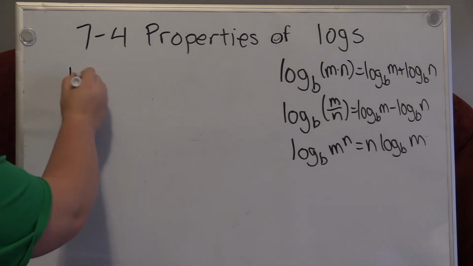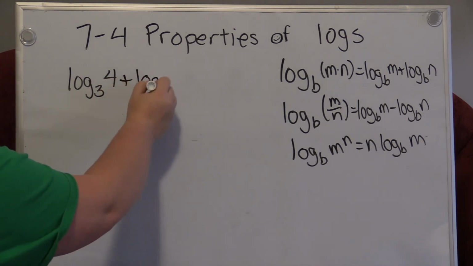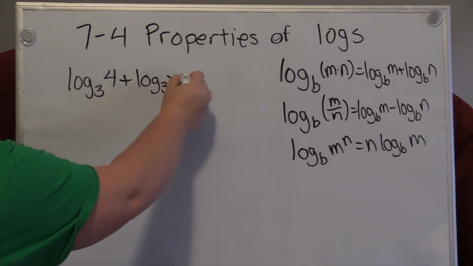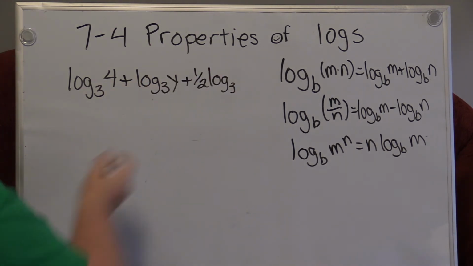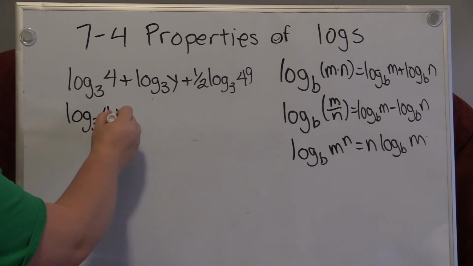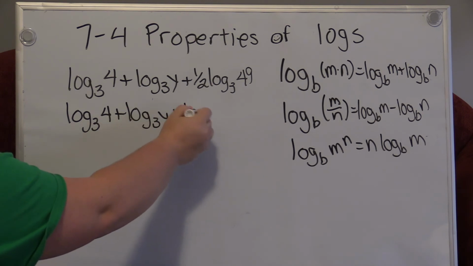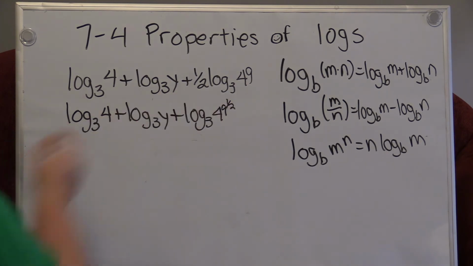I get the log base 3 of 4 plus the log base 3 of y plus 1/2 log base 3 of 49. So I have the log base 3 of 4 plus the log base 3 of y plus the log base 3 of 49 to the 1/2 power.